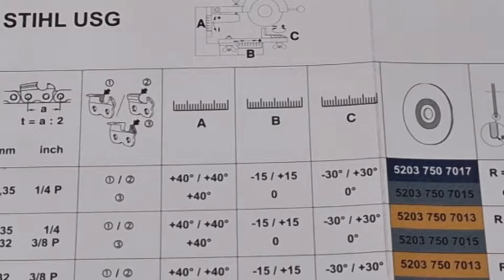Another thing that you can do on your USG grinder is put a metal ruler right in the middle, and you can move. Let's just say that you are out 1 millimeter. Whether you're 1 millimeter out or 1.5 millimeters out depends on how small your wheel is.